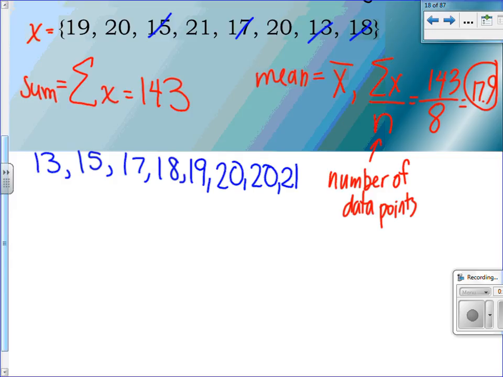So, Isabel? 18.5, good. So the goal for the median is to find the middle number.